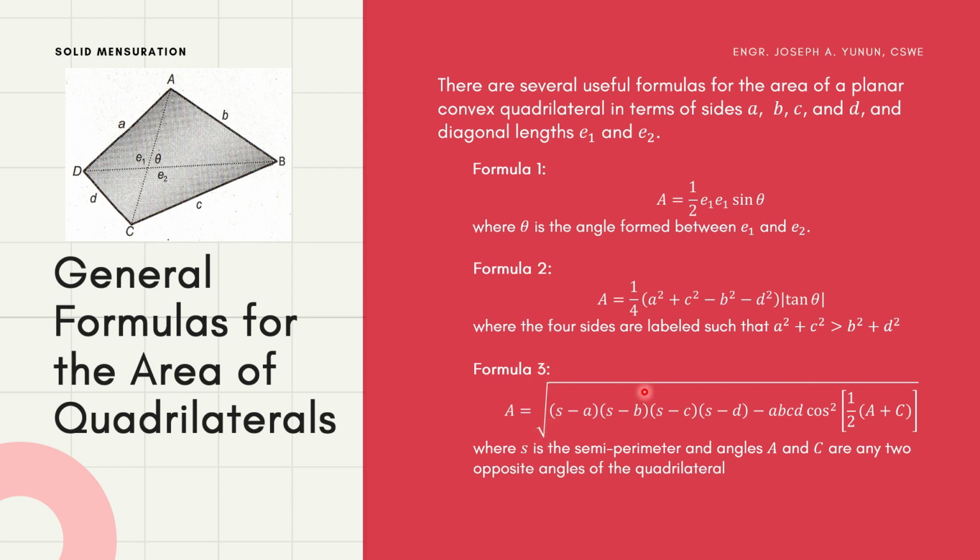So you have this formula: the square root of the product of the semi-perimeter minus side a, minus side b, minus side c, minus side d, minus the product abcd times the square of the cosine of half the sum of any two opposite angles. Okay, so in formulas 1 and 2, sine theta can also be this value, and tangent theta can also be this value. Thus, you can choose the other angle formed by the two diagonals without affecting the area of the quadrilateral.